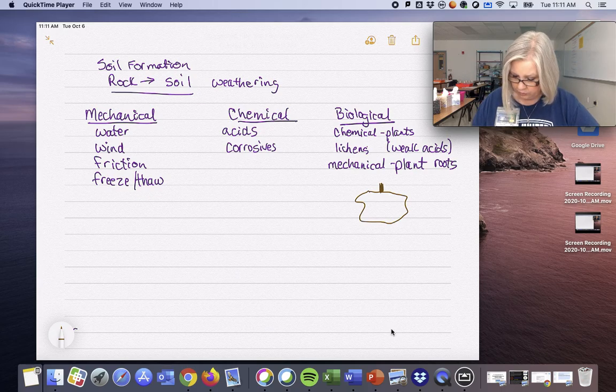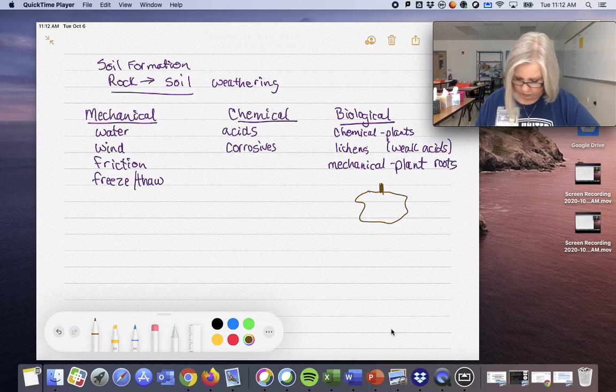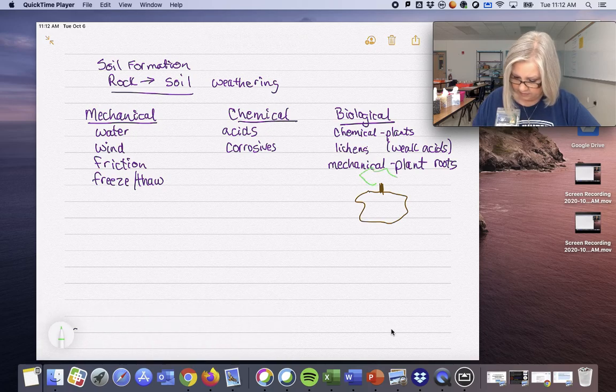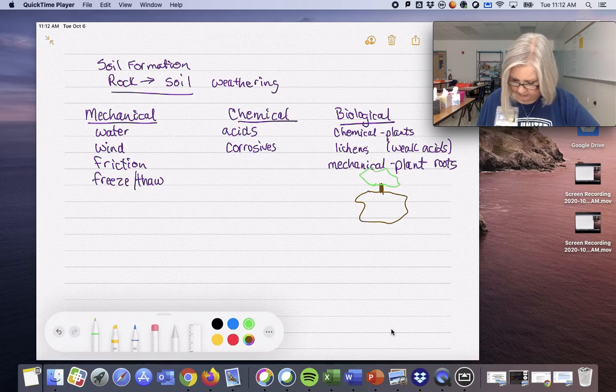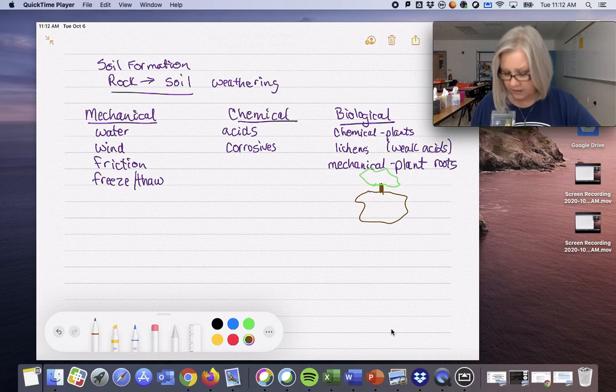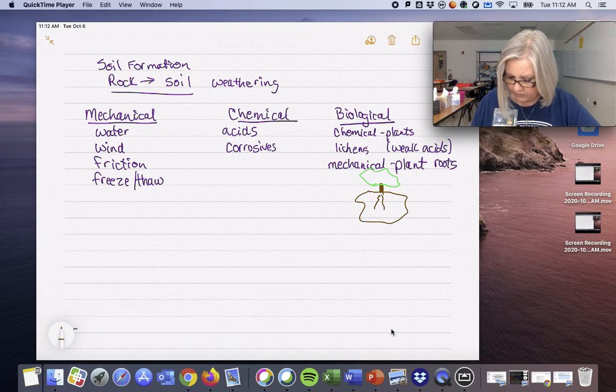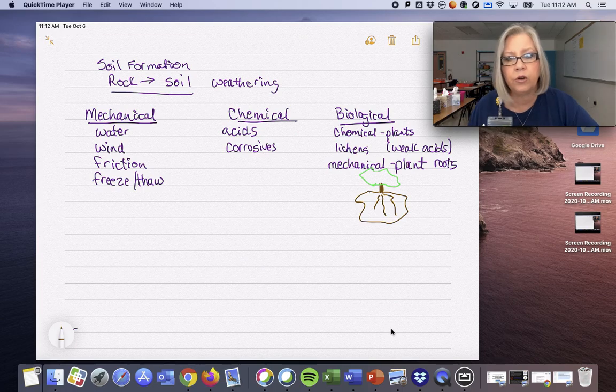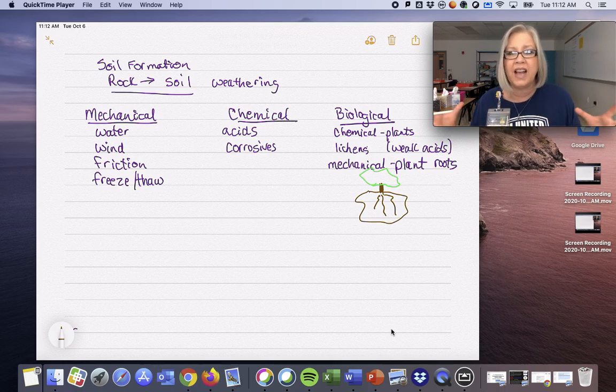So we got our little tree growing, put some greenery on top of there. It also has these roots that can reach down, and they will look for crevices within the rock, and then they can begin to split it apart. So a tree can, over time, split a giant boulder apart.